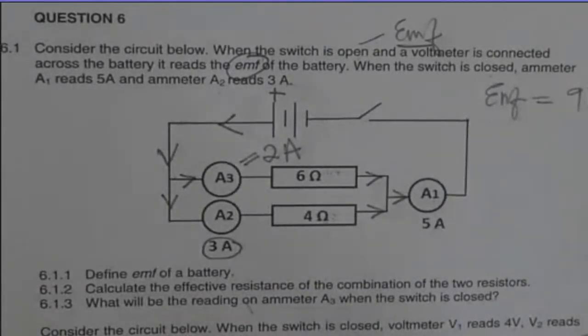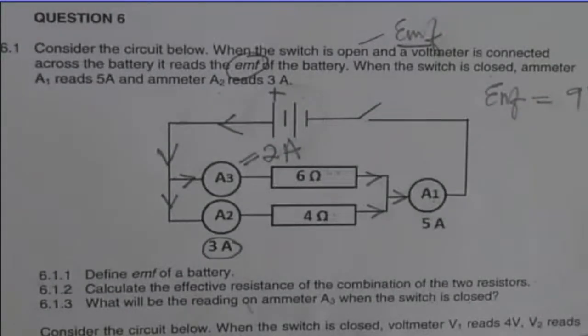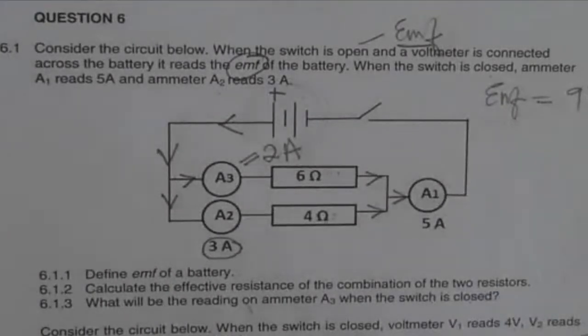So in a series, the current will be the same. For example, if the current passing there is 2 amps, the current that is going to pass there will be 2 amperes, as well as the current passing there, 2 amperes.